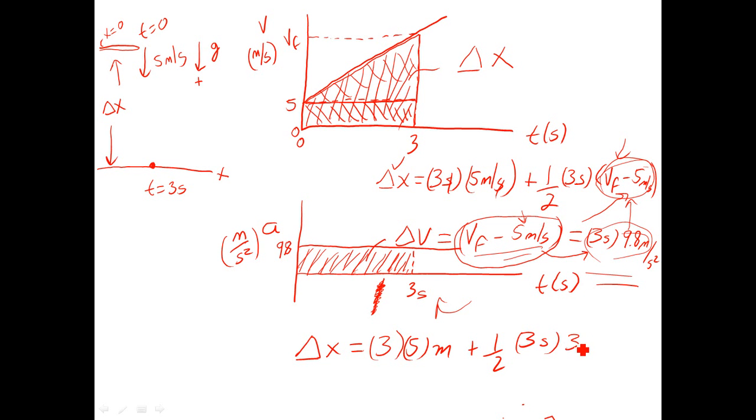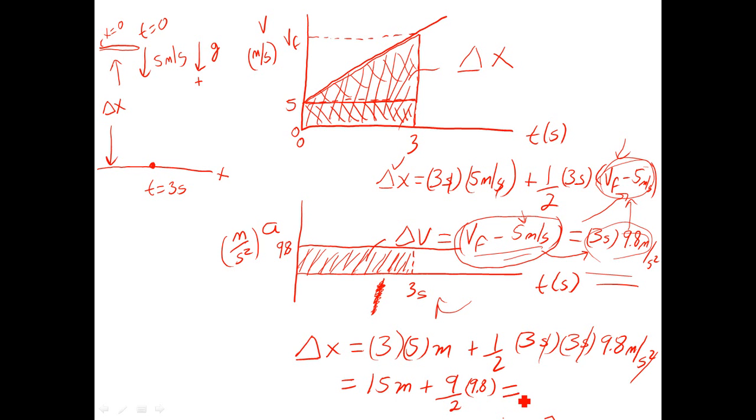So it's going to be 3 seconds times 9.8 meters per second squared. And notice the seconds, 2 of them here, 2 of them there, and you're left with meters. So we have 15 meters plus 3 times 3 is 9, and there's a 2 from the 1/2, multiplied by 9.8.